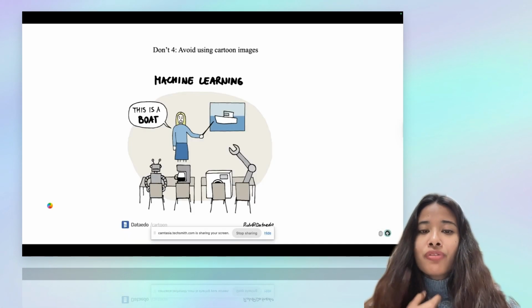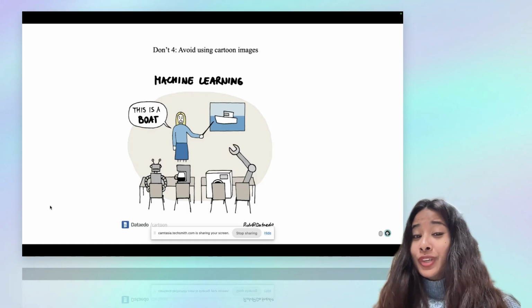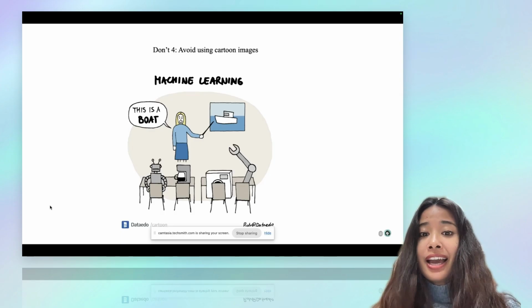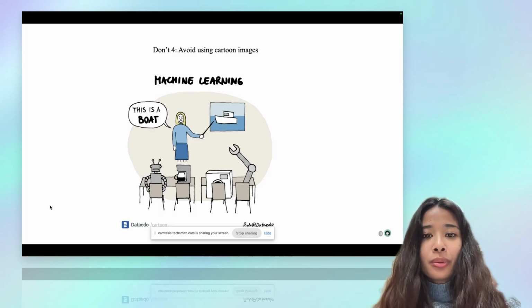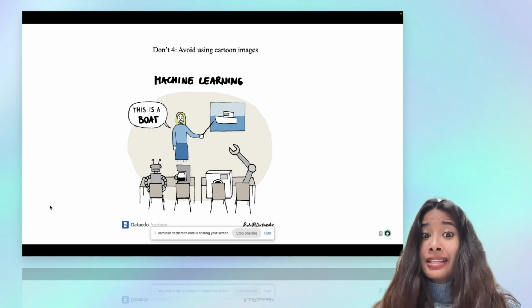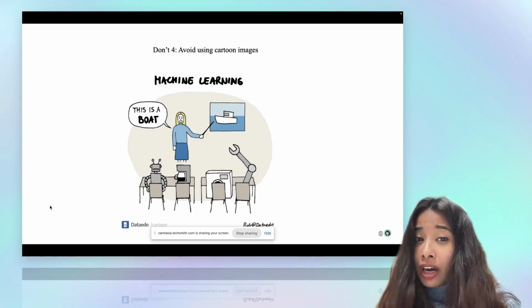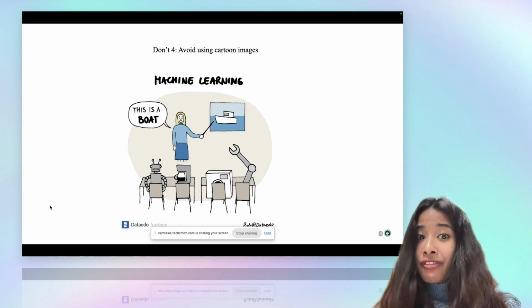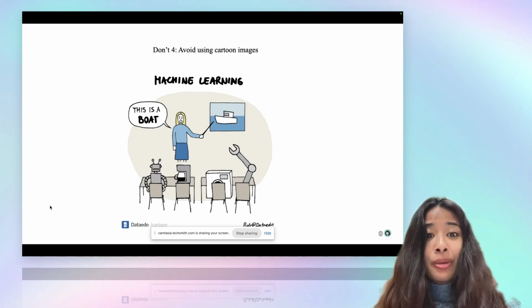So, the next don't is avoid using cartoon images. Whenever we try to explain something, we try to explain it in a very basic way, which makes sense. You need to explain in very basic, layman terms. But it's not advisable to use cartoon images like this.